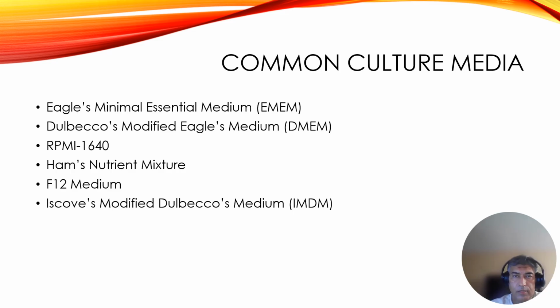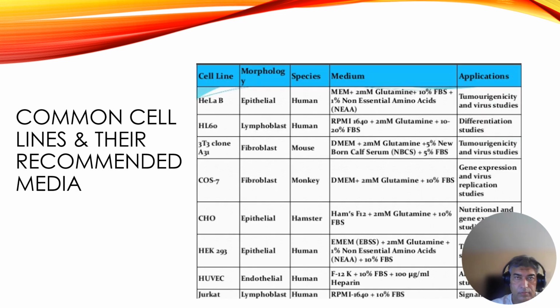Common types of cell culture medium in use are Eagle's minimal essential medium MEM, Dulbecco's modified Eagle's medium, RPMI 1640, Ham's nutrient mix F12 medium, and Iscove's modified Dulbecco's medium. Now, common cell lines and their recommended media.